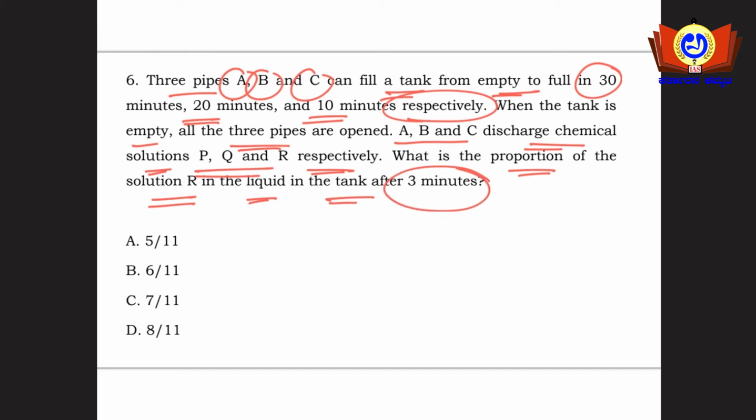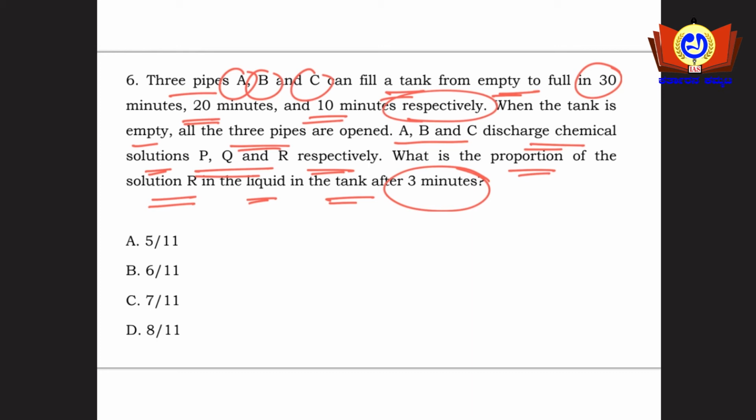For 3 minutes simultaneously pipe A, pipe B and pipe C will be opened. The time taken by pipe A, pipe B and pipe C is 30 minutes, 20 minutes and 10 minutes respectively. Pipes A, B, C discharge chemical solutions P, Q, R respectively.